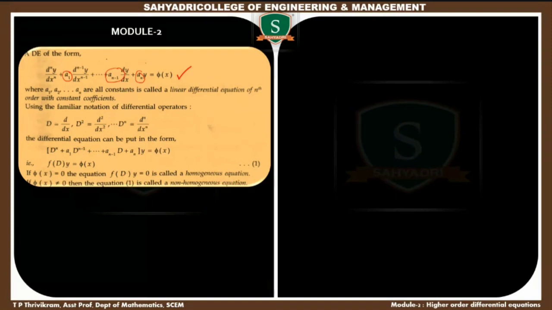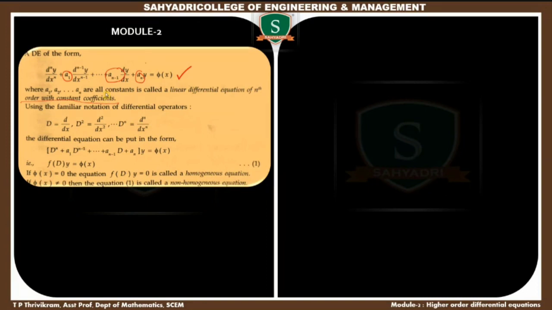When a1, a2, a3 up to an are constants, we call this differential equation a linear differential equation of nth order with constant coefficients. First we are going to solve this kind of equation.